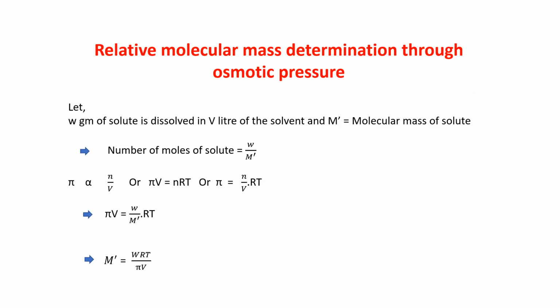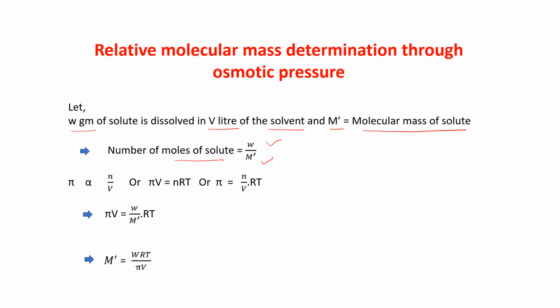Relative molecular mass determination through osmotic pressure. Let small w gram of solute be dissolved in V liter of the solvent and M dash be the molecular mass of the solute. So we can write the number of moles of solute is equal to small w by M dash, because it is the weight by molecular weight.